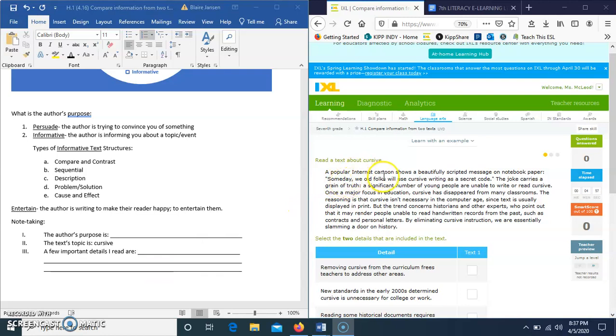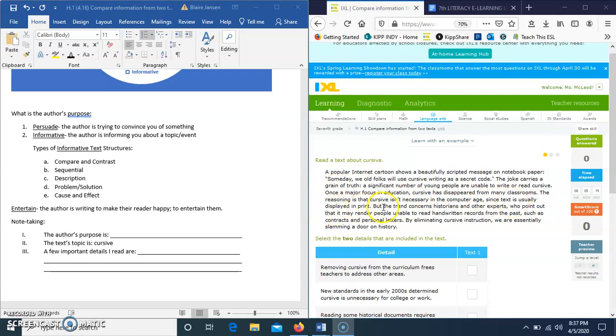A popular internet cartoon shows a beautifully scripted message on notebook paper. Someday, we old folks will use cursive writing as secret code. The joke carries a grain of truth. A significant number of young people are unable to write or read cursive. Once a major focus in education, cursive has disappeared from many classrooms.